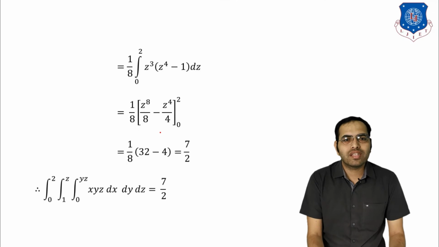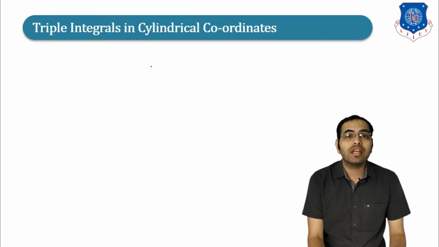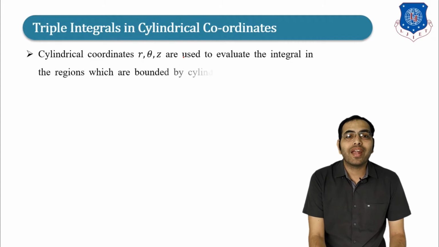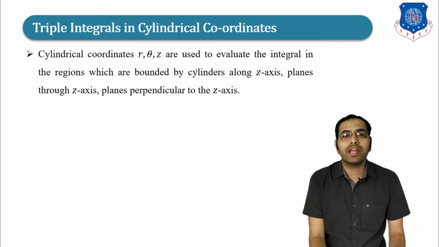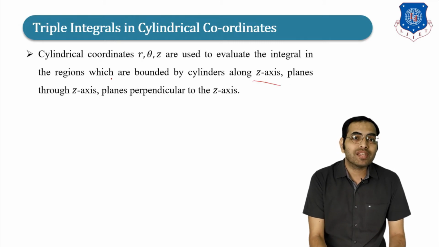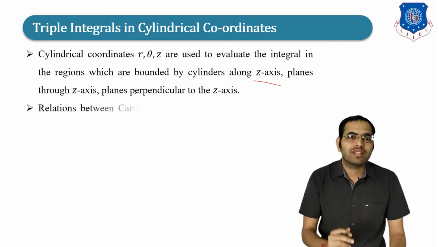Now let's see another topic, the triple integral in the cylindrical coordinate system. Here in cylindrical coordinate systems, r, theta and z are the variables used to evaluate the triple integral in a particular region, which is bounded by cylinders along the z axis and planes through the z axis or planes perpendicular to the z axis.